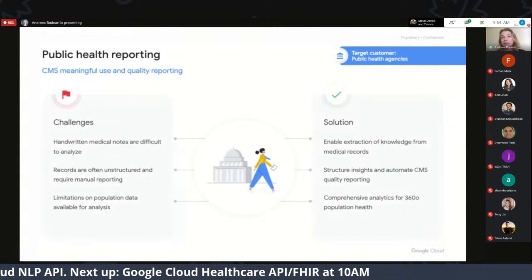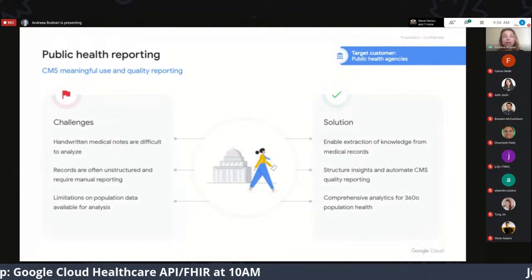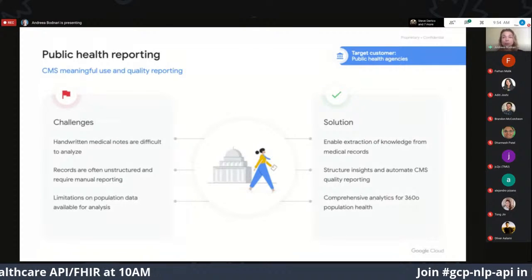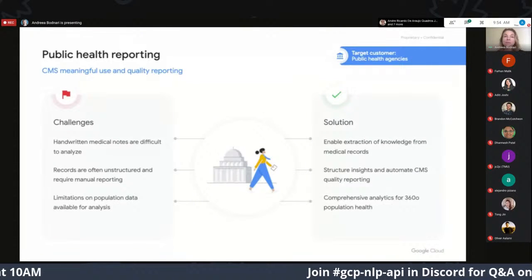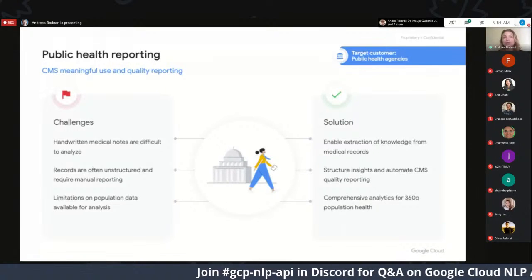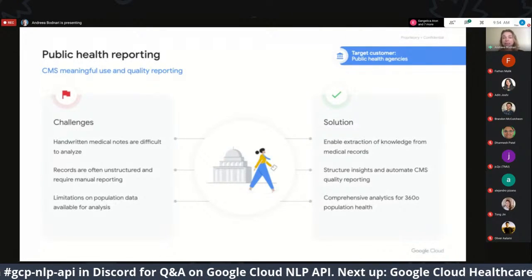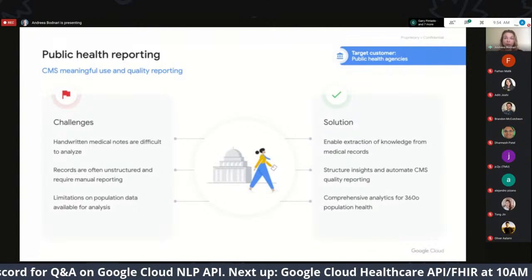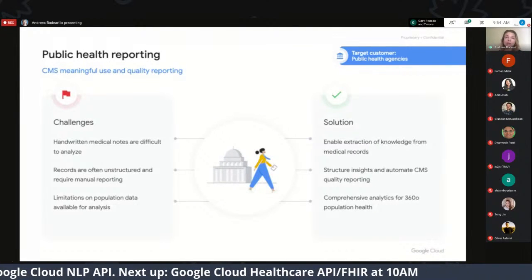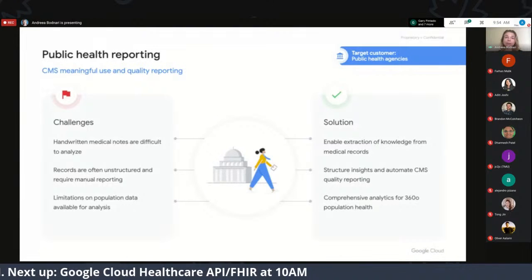The solution we're proposing to enable with the HealthKit Natural Language API is automation of these reporting protocols. If we can automate the reporting of information, we can also automate the structuring of insights and the communication of data back into governmental portals.